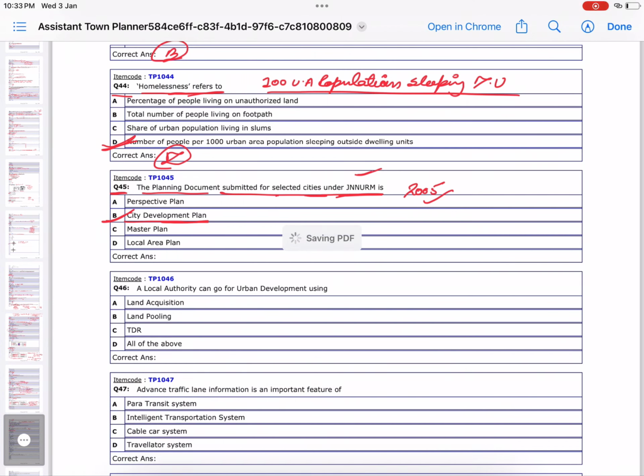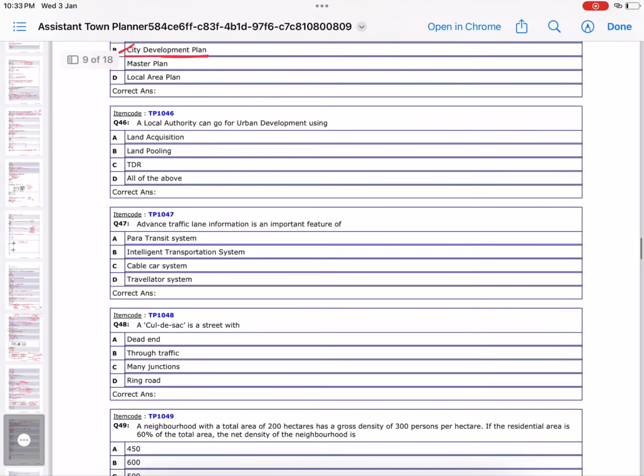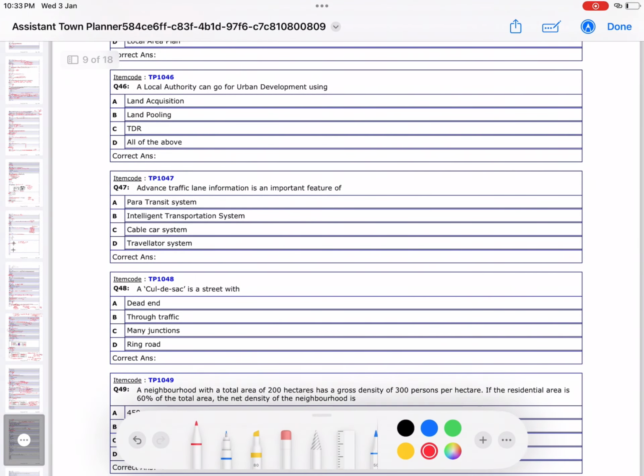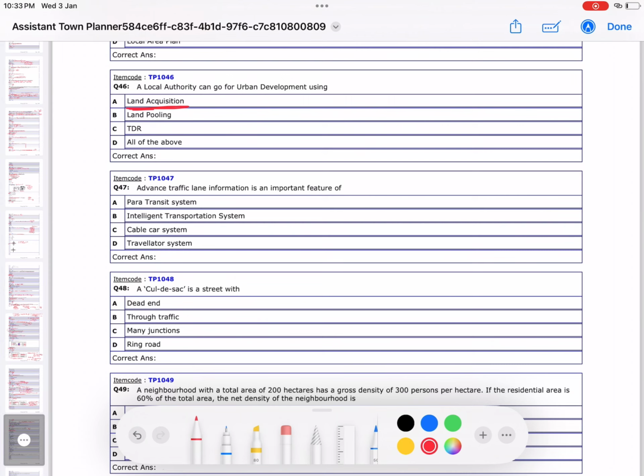Okay. Now question number 46. A local authority can go for urban development using land acquisition, land pooling, TDR. So land acquisition is acquiring private land for public purpose.